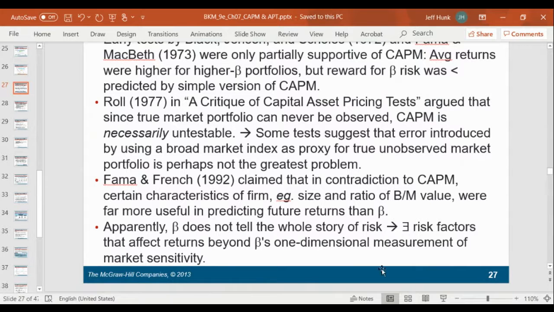Well, beta is only the coefficient of the explanatory variable. If you have a multi-factor model, the beta we're talking about here is only the beta of the market portfolio. If you can identify other systematic factors, then there can be beta 1, beta 2, beta 3, and beta n.